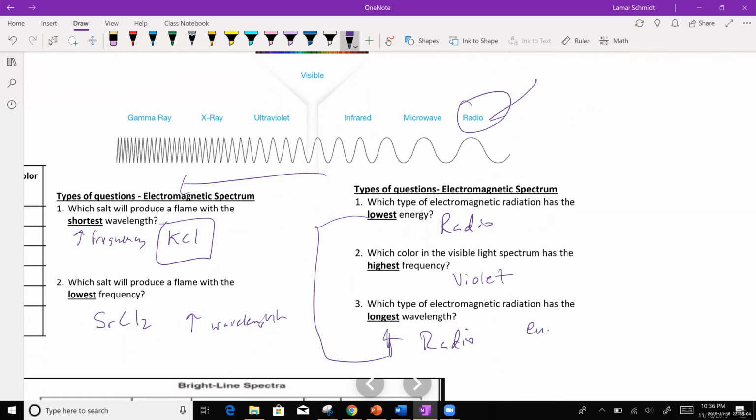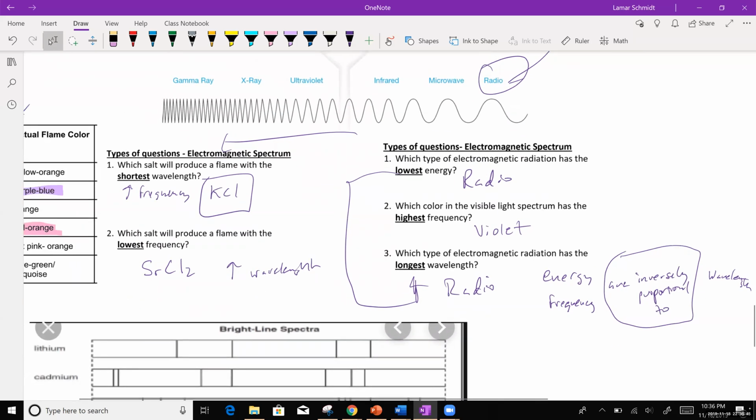That's because energy and frequency are inversely proportional to wavelength. My handwriting may be terrible, but they're inversely proportional to wavelength. So when energy and frequency increase, wavelength decreases.